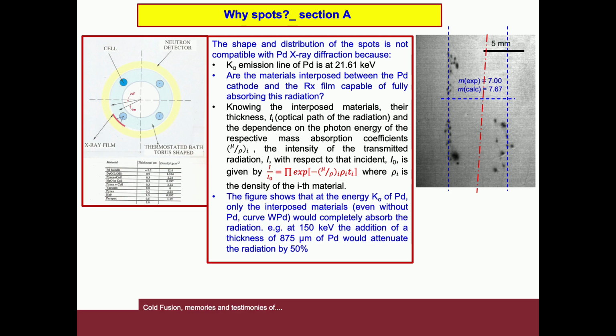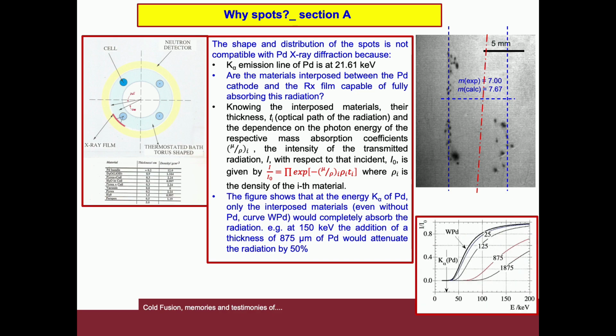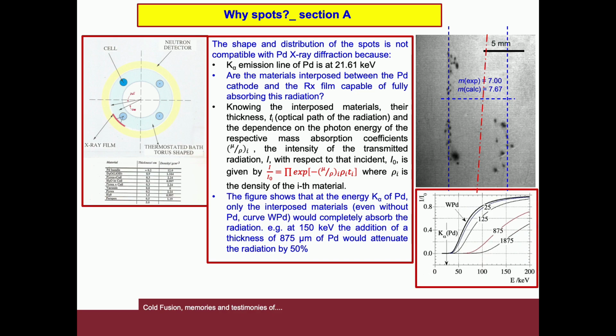Are the materials interposed between the palladium cathode and the X-ray film capable of fully absorbing this radiation? This can be verified by making a fairly simple calculation, as long as you know the interposed materials, their thickness and their density. The thickness corresponds to the optical path of the radiation.